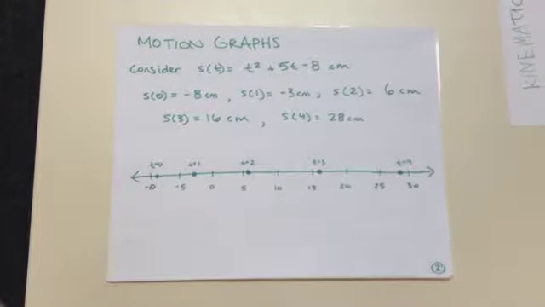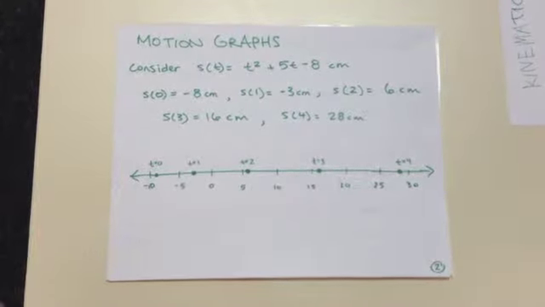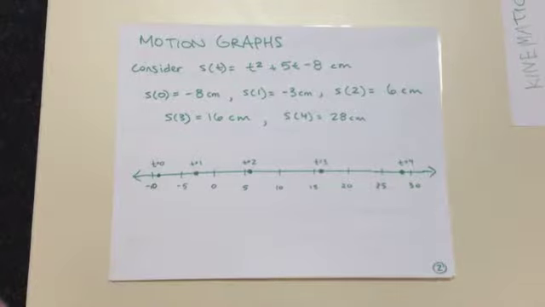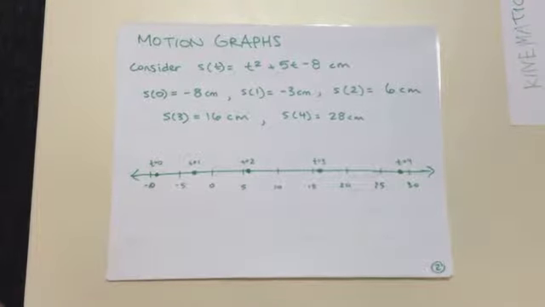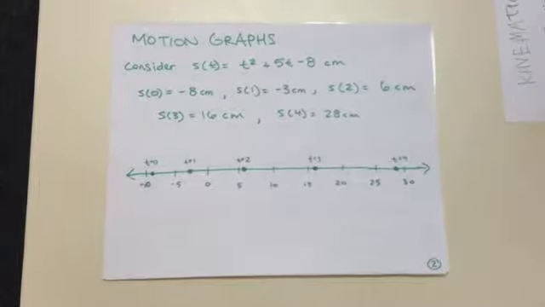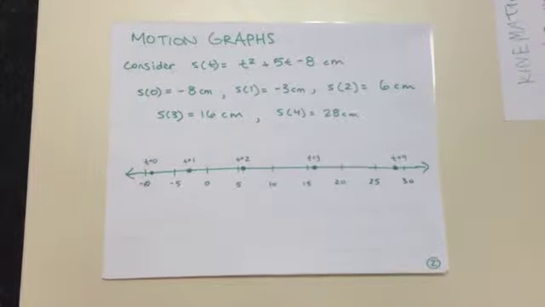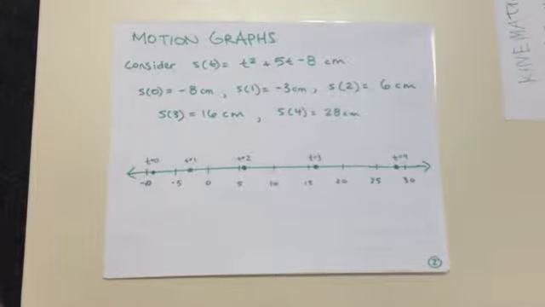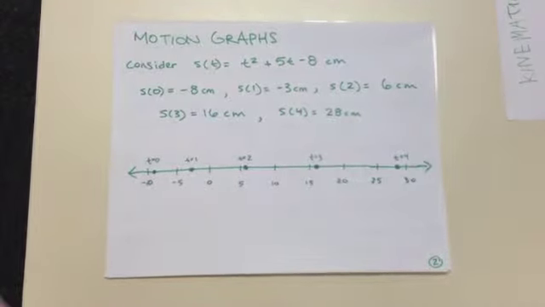To determine the position of the object, you would plug t in for whatever time you are given, such as 0, 1, 2, 3, and 4, and then graph it onto the motion graph. To appreciate the motion of P, we draw a motion graph. From this, you can also see what is happening to the velocity and acceleration.